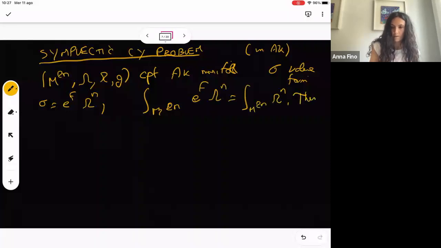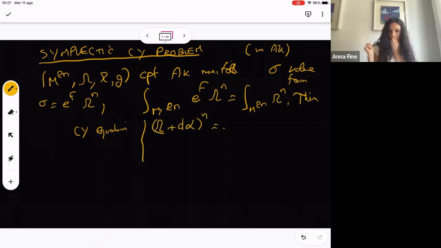Then we can formulate the Calabi-Yau equation. I write again, all the equations are the same as before. So this is just a volume. We impose that omega plus d alpha has the same volume, and d alpha is J-invariant, type (1,1).